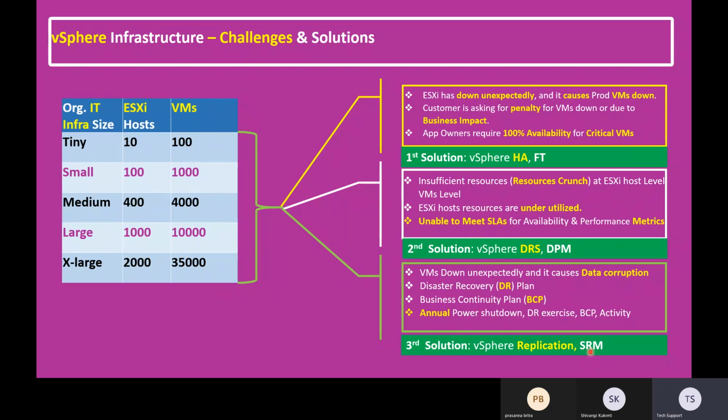They will use those backup tools or storage-level replication models, and only a few companies use VMware replication and SRM. Most companies use third-party backup software. Today I will cover what other third-party backup software is available. I will give you a quick overview of the backup software also.